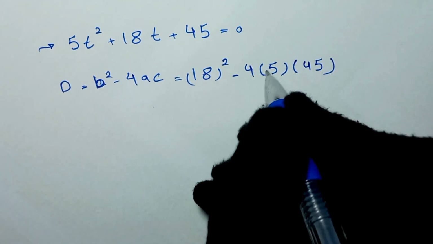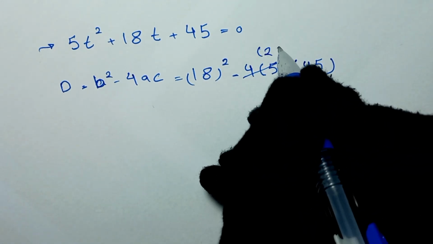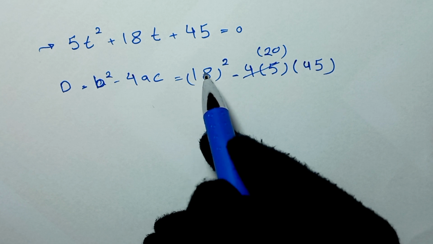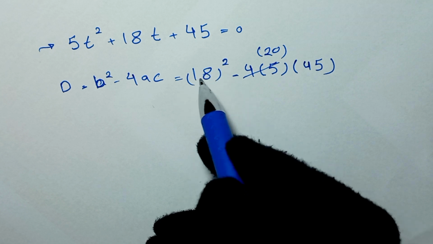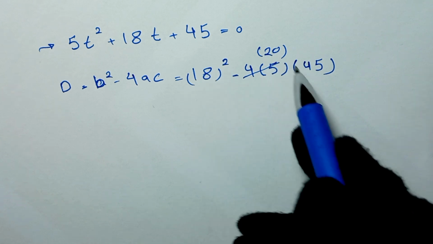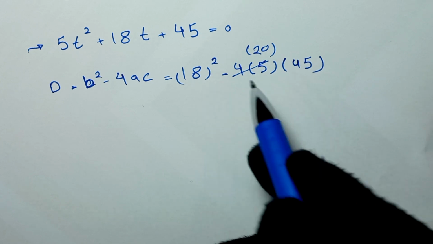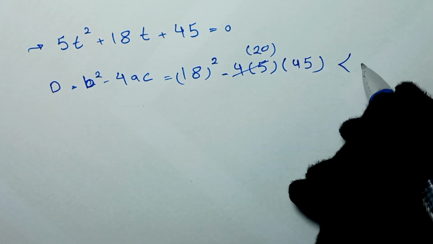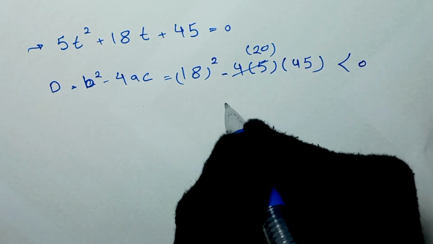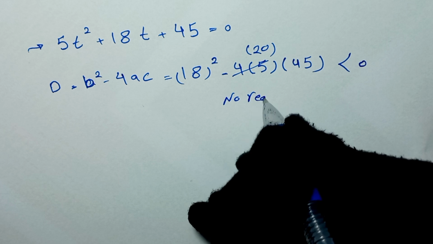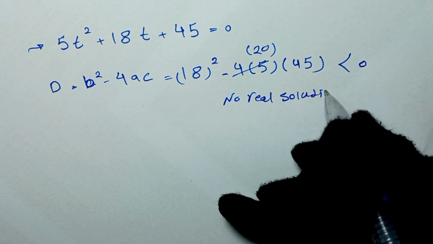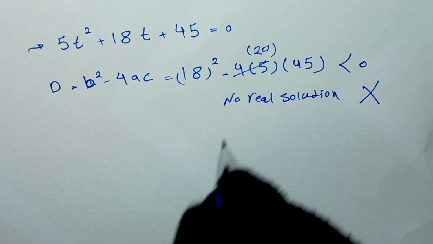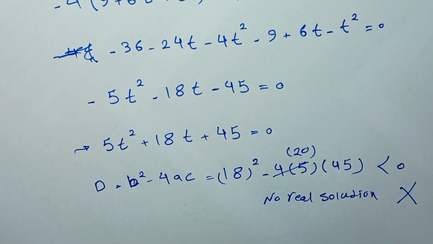And here 4 times 5, it will be 20. So 18 squared, it will be 18 times 18, and minus 20 times 45, this is less than 0, right? So this is less than 0, and in here we have no real solution. So we reject this equation, and we continue by this.